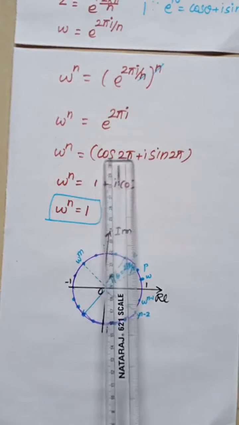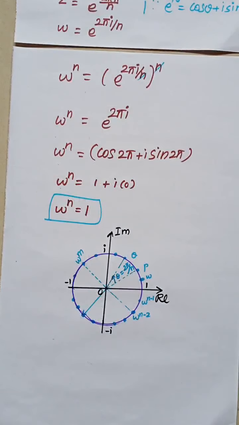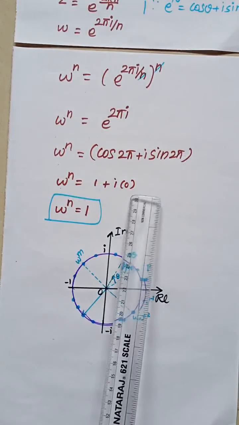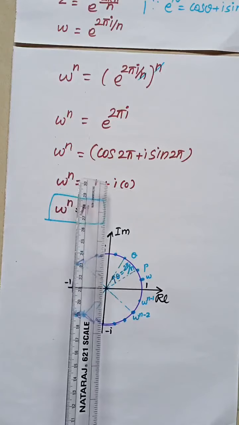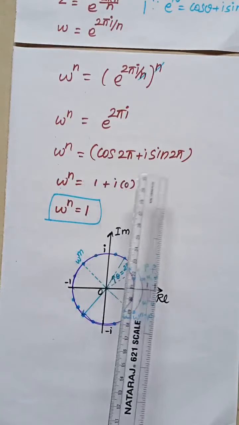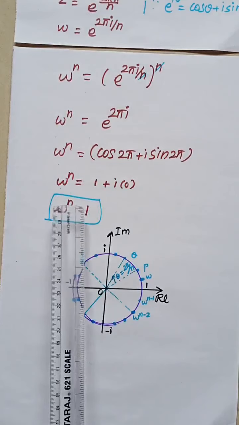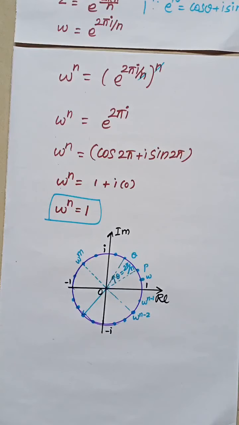We know cos 2 pi is 1 and sin 2 pi is 0. So omega power n is equal to 1 plus i into 0, so omega power n is equal to 1.